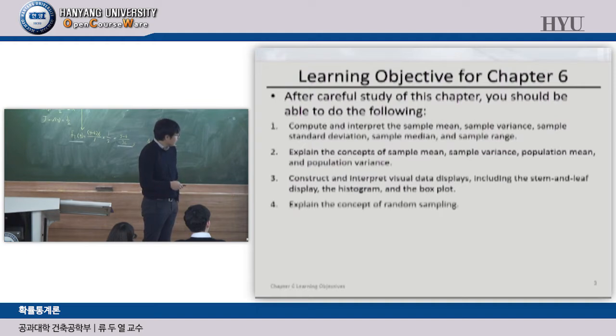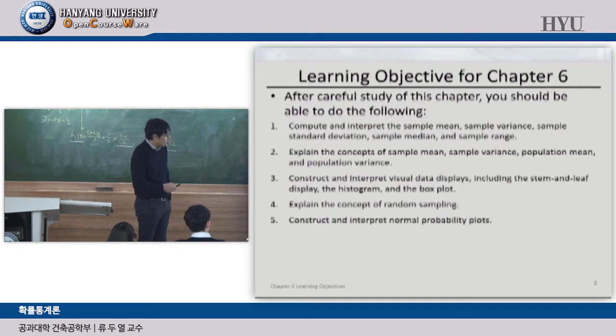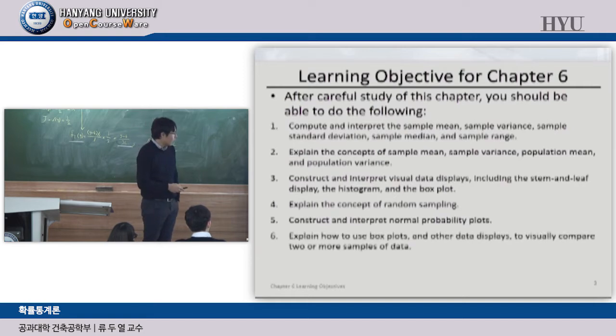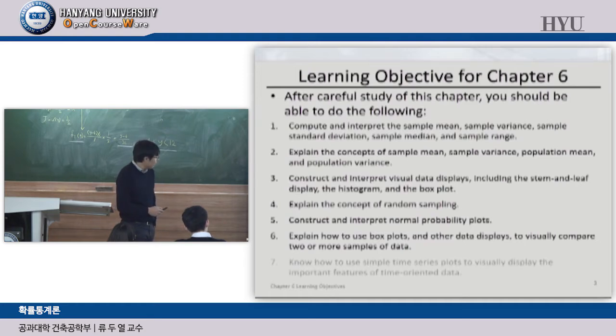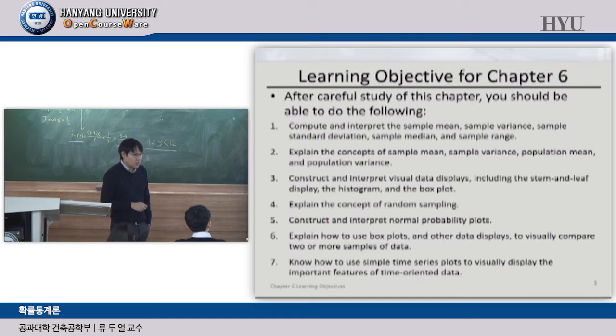And you can explain the concept of random sampling, construct and interpret normal probability plots, and explain how to use box plots and other data displays to visually compare 2 or more samples of data effectively. And finally, you know how to use the simple time series plot to visually display the important features of time-oriented data. So these are the learning objectives of chapter 6.